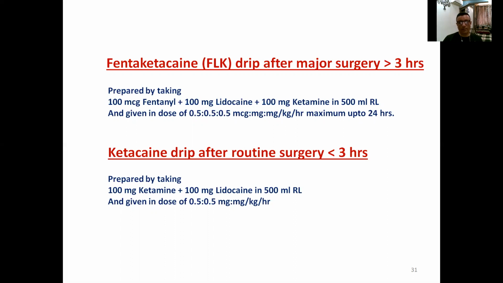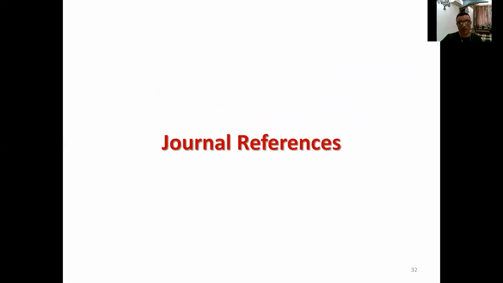Believe me, only maximum up to 24 hours. That is a very good analgesia after surgery. People have tried a ketamine-lidocaine drip also, and I'm routinely using it in my practice. If the surgery is less than 3 hours, it is prepared by taking 100 milligram ketamine plus 100 milligram lidocaine in 500 ml of RL, and given at a dose of 0.5 milligram per kilogram per hour.